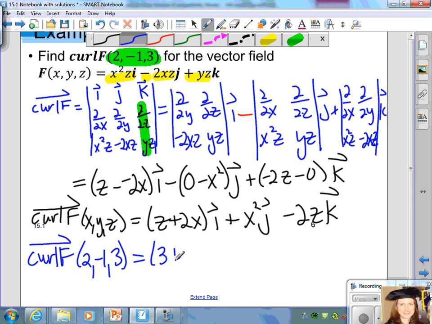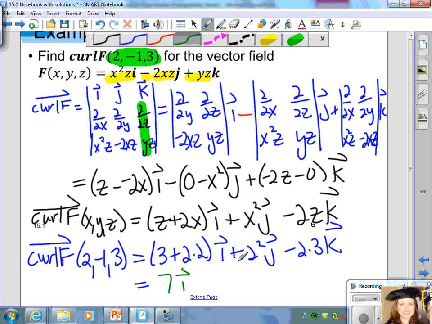So it's going to be 3 plus 2 times 2, i, plus 2 squared j minus 2 times 3 k. And when we simplify that, we get 3 plus 4, 7i, plus 4j minus 6k. So that is the value of the curl at the given point in space.